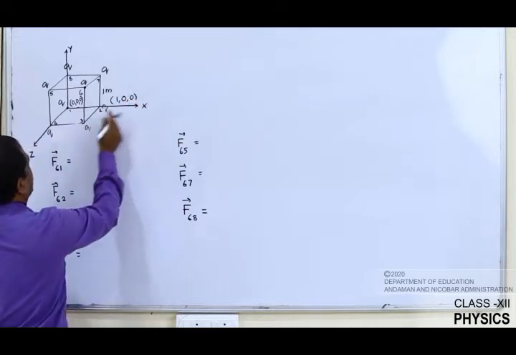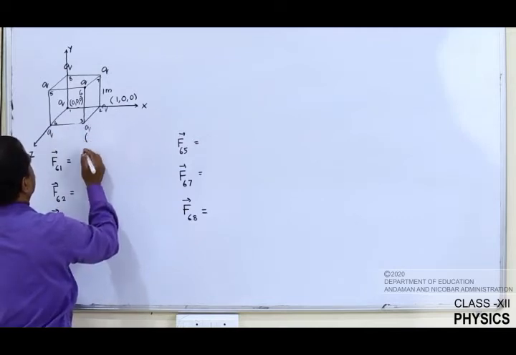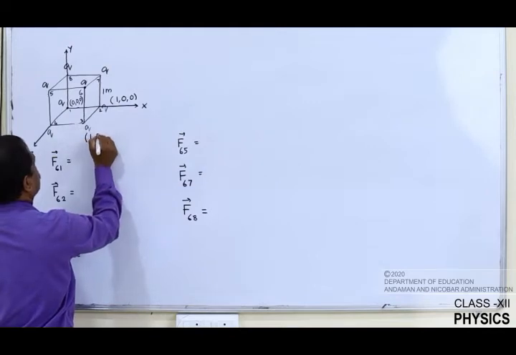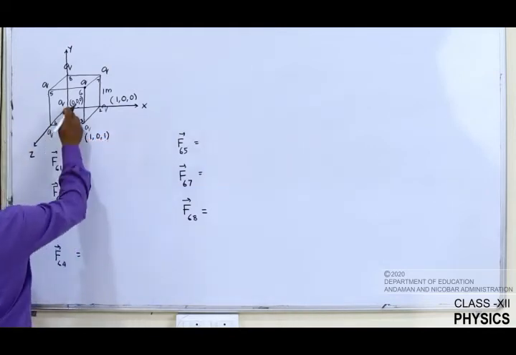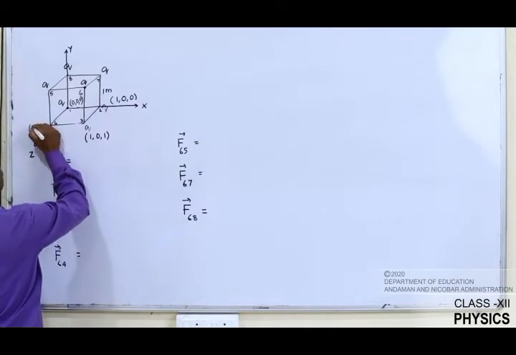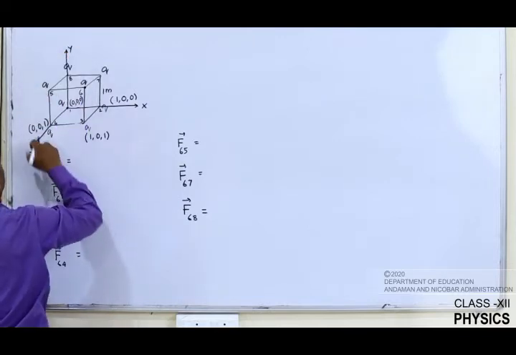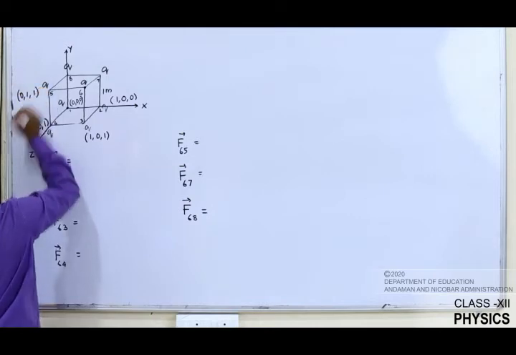This 3 is lying on the xz plane. So this will be 1, 0, 1. Fourth is lying along z axis. So this must be 0, 0, 1. How about 5? 5 is lying on yz plane. So x is 0. So 0, 1, 1.